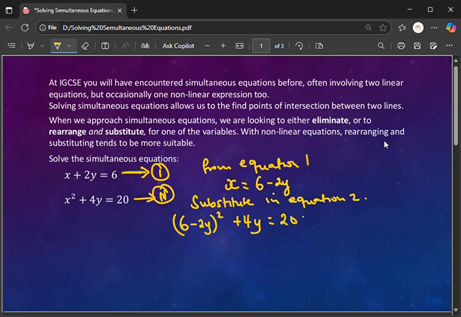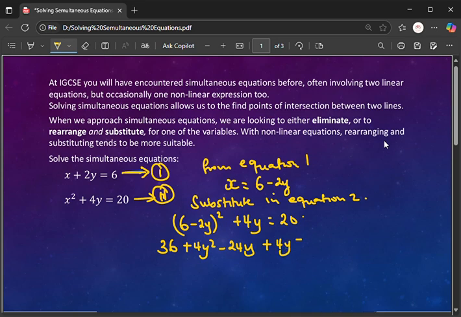Now let's expand (6 minus 2y) squared. I know you all know how to expand, so I'll be quick. 36 plus 4y squared minus 24y, and then plus 4y equals 20. When we simplify, we have 4y squared minus 20y plus 16 equals 0.